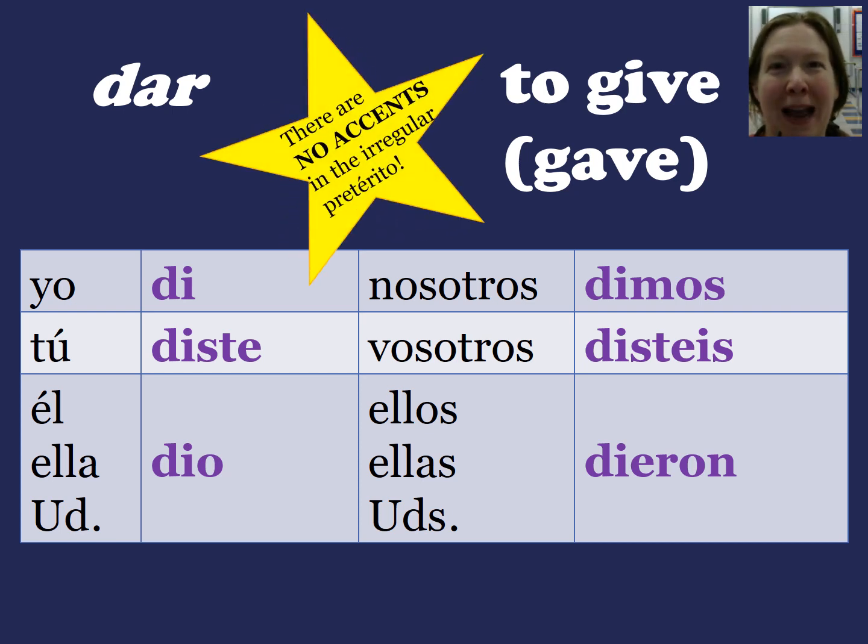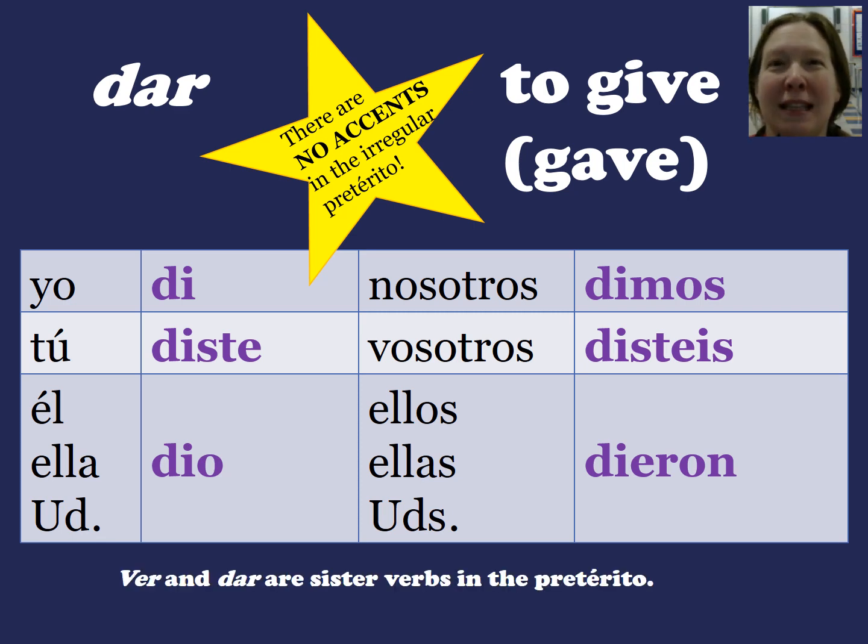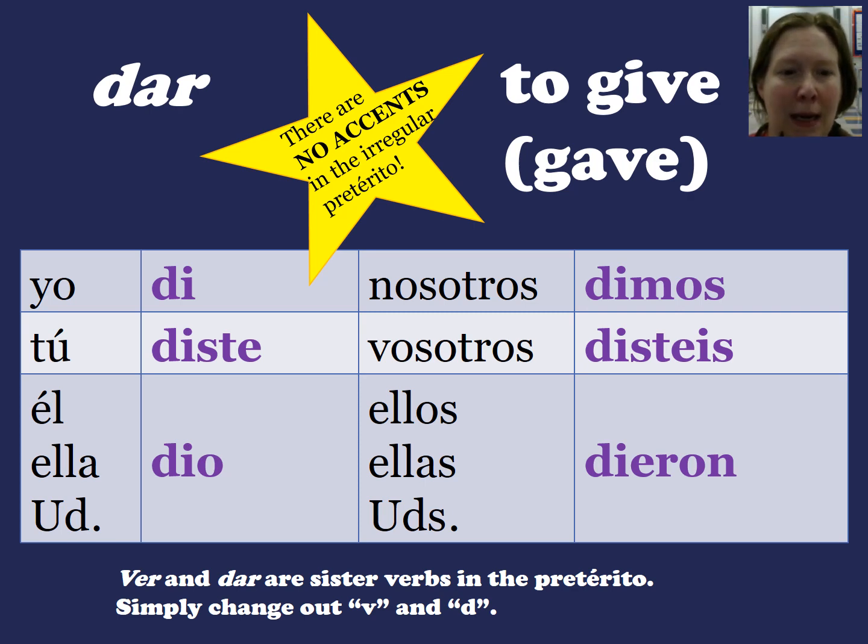You should not be putting any accents on these. Ver and dar are sister verbs in the pretérito. So this is probably looking pretty familiar to what we just did with ver. And that's because all you're doing is changing out the first letter. If it's ver, you use v at the beginning. And if it's dar, you're going to use d at the beginning. So just remember that, and these should be pretty easy to remember. So now it is time to go do some Conjugamos practice.